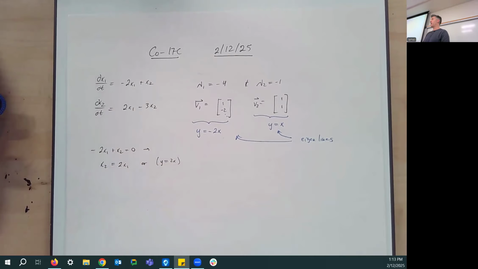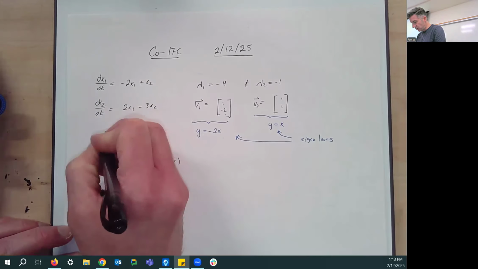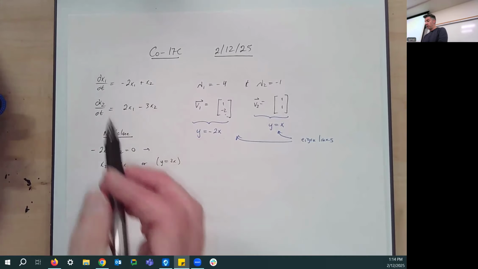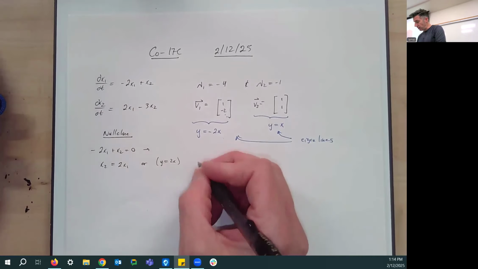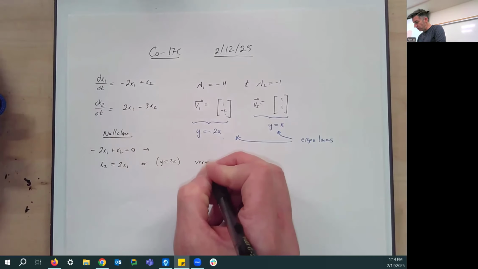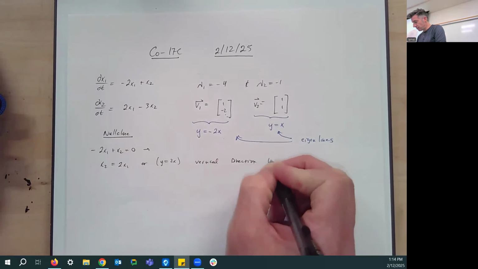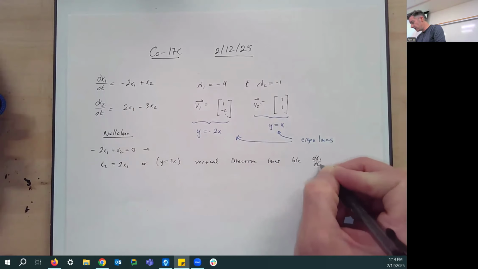On that nullline, all of our arrows will be purely vertical because there won't be any horizontal change. The change in x1, which is our x, will be 0. So here we're thinking vertical direction lines because dx1/dt is equal to 0.